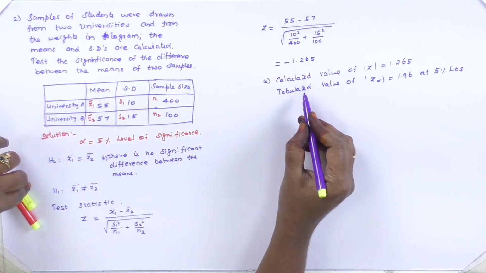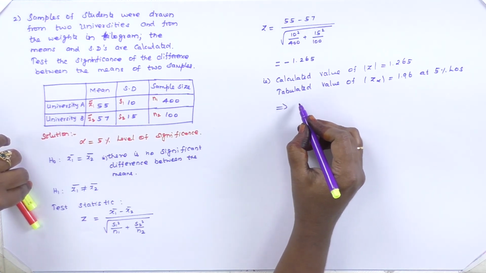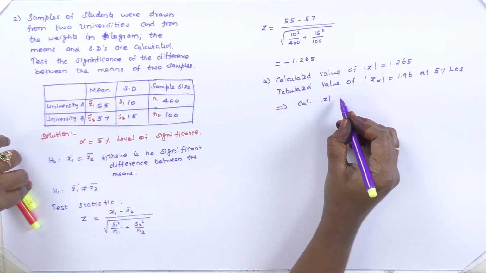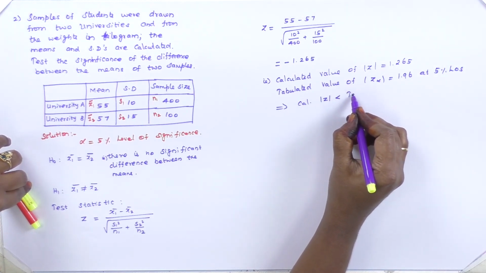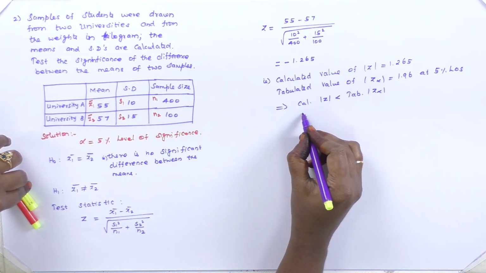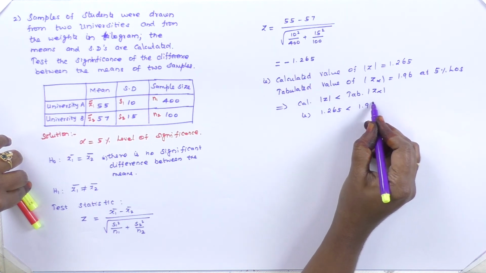Now comparing these two values, we get the calculated value of Z is less than the tabulated value of Z alpha, that is 1.265 is less than 1.96.